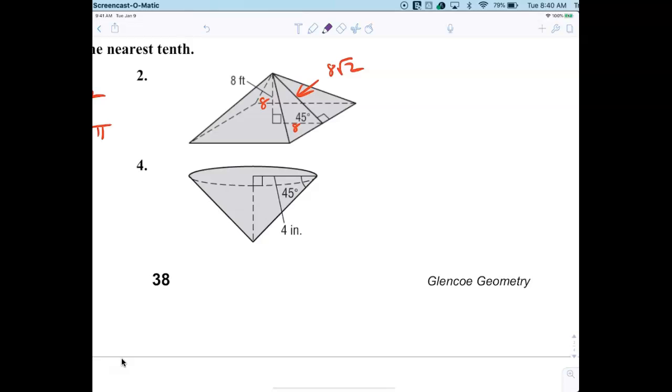That's not hard. What's this right here? Of course it's 16. How did I know that? Because from here to here is what? 8. So that means from here to here has to be 8, which means from here to here is what? 16. Is everybody good with that? All right. So that is 16.